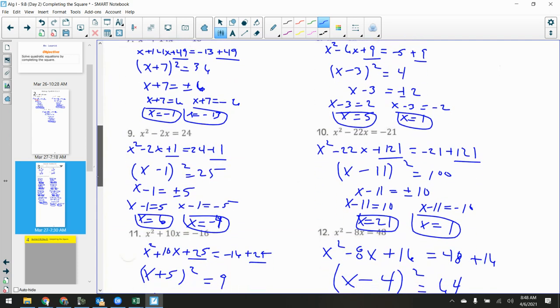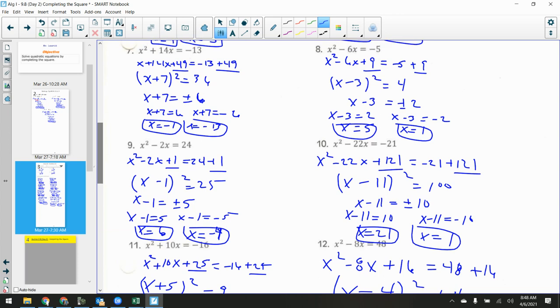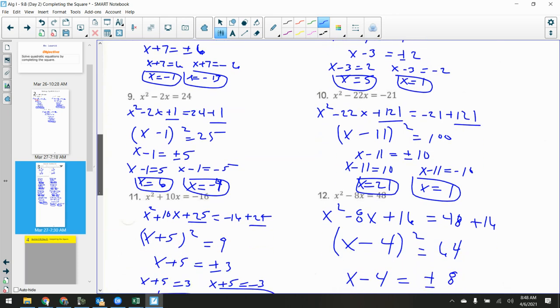There is the rest of 9 and 10, answers for 9 and 10. And then here's the answers for 11 and 12.